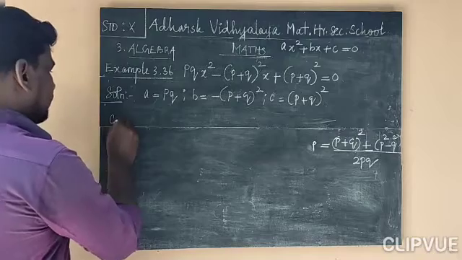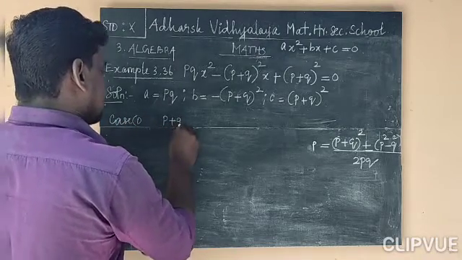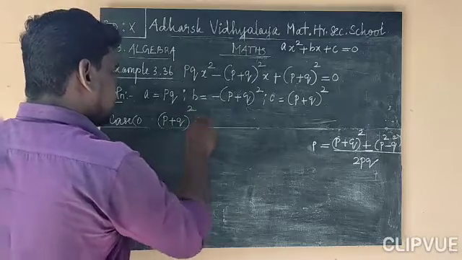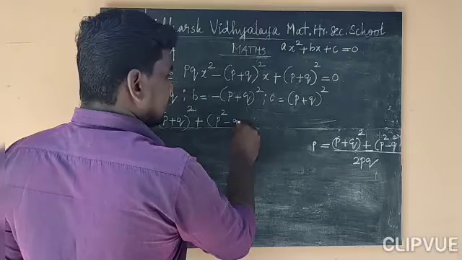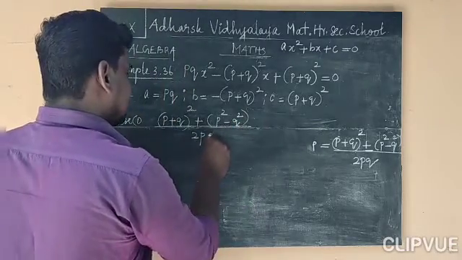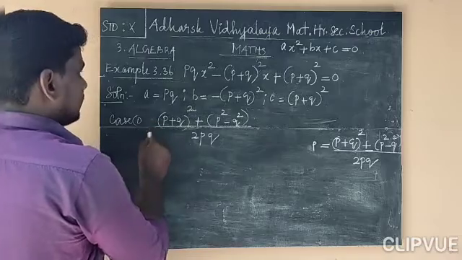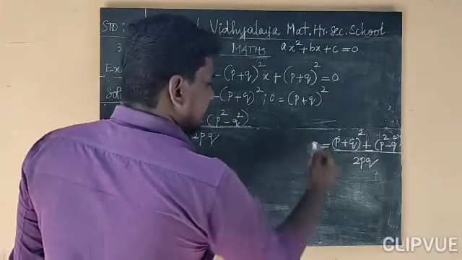Case 1, I am going to take plus. So (p plus q) whole square plus (p square minus q square) divided by 2pq, which is equal to actually x. Here x is the variable.